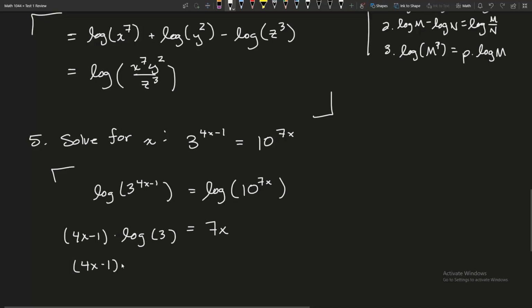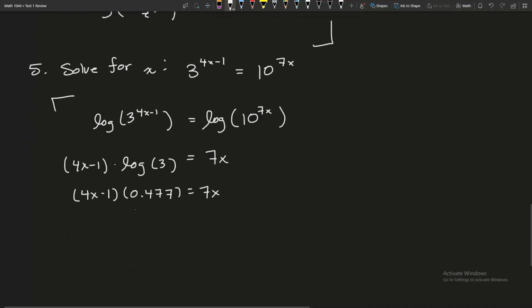So we get 4x minus 1 times 0.477, and that'll equal 7x. And then just solve the remaining linear equation. So multiply your 0.477 through. So 0.477 times 4 is 1.908x minus 0.477. And that equals 7x.